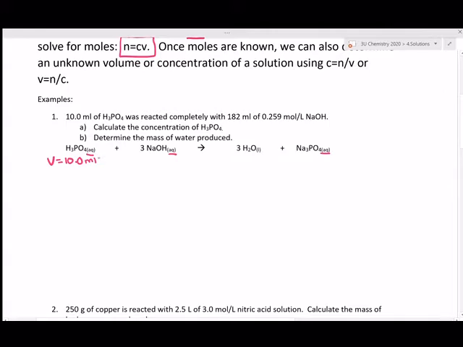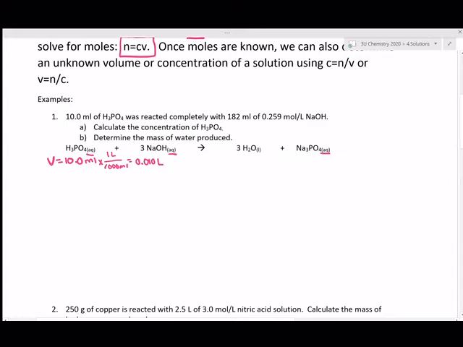So right away, I am going to change this into liters. I'm in milliliters right now. So 1,000 milliliters is 1 liter, which means I need to divide 10 by 1,000. And I'm going to get 0.010 liters.